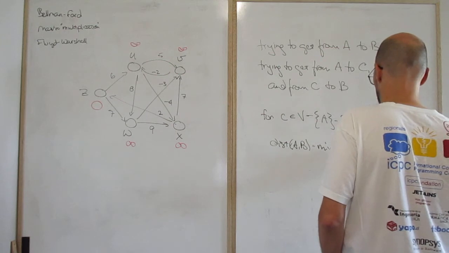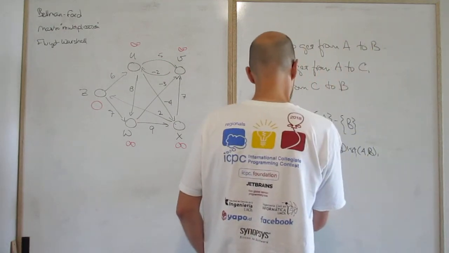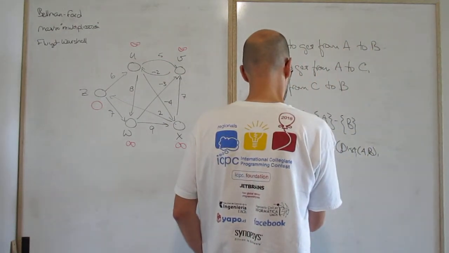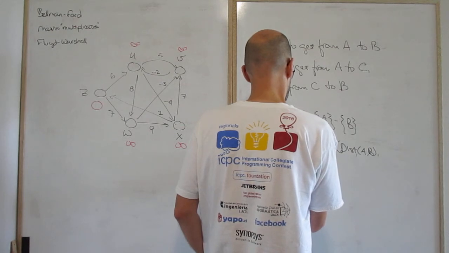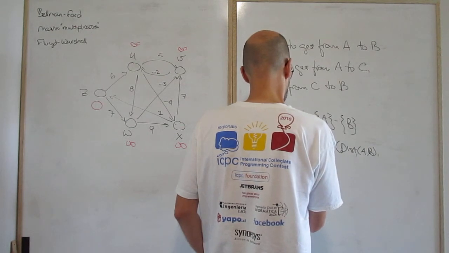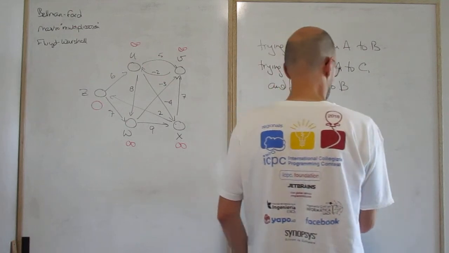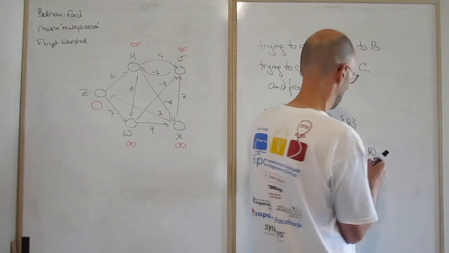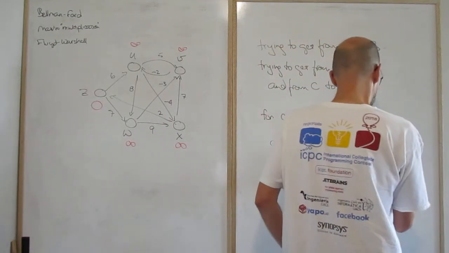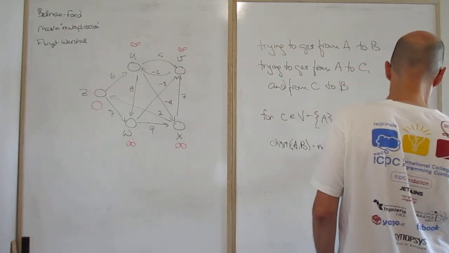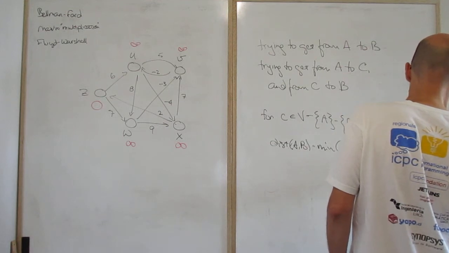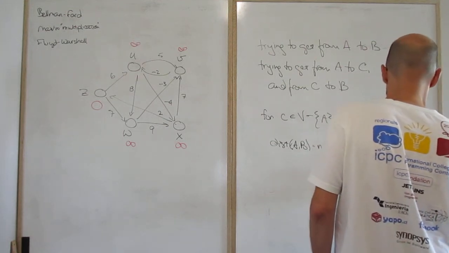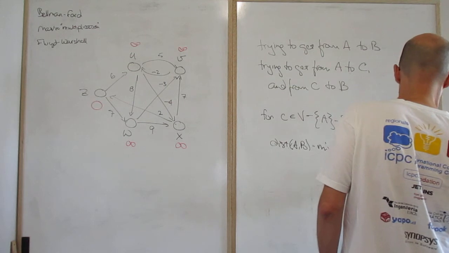So I'm going to put a 1 here, and this is going to be the distance directly. So this is the cost of this edge plus distance A to C plus distance C to B.